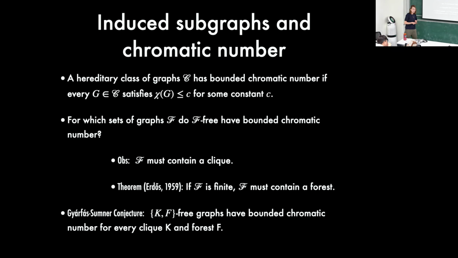That's still very open in general. And so we wanted to know a similar thing for digraphs: if we can come up with some characterization of the obstructions in terms of induced subdigraphs for chromatic number and coloring of digraphs.